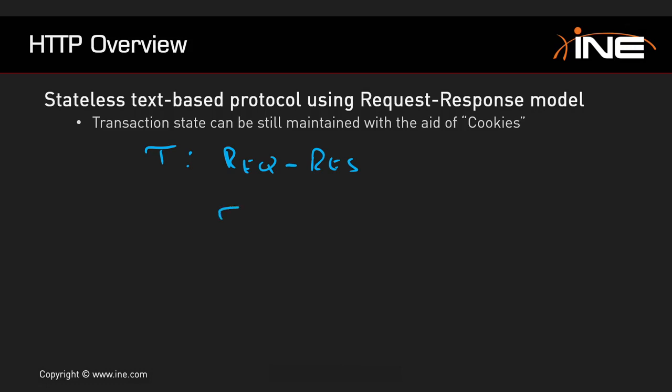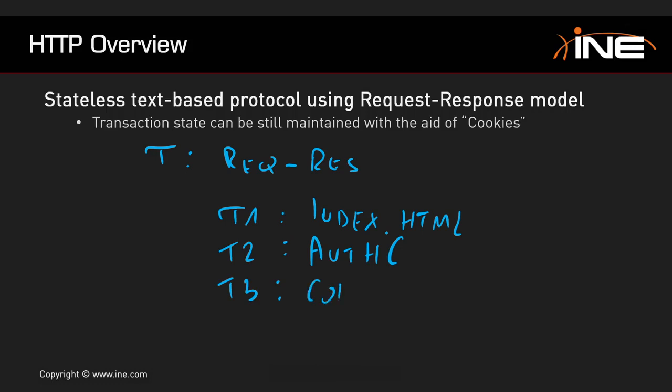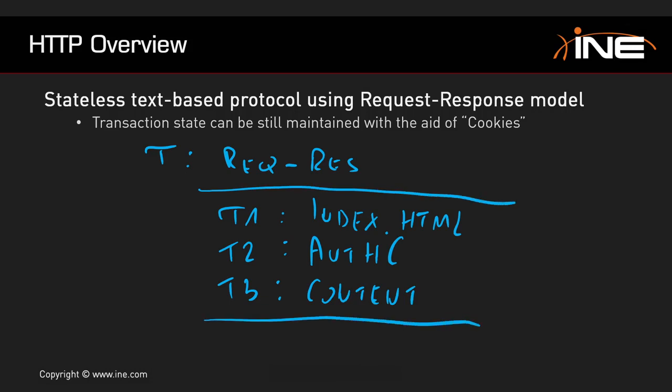For instance, the first transaction is going to be used to download the index of the website, index.html, which is more like a description of the website. Then a second transaction may be used to authenticate the user. And finally, a third transaction is going to be used to download the content, like images, video files, and so on. So all those transactions together make up a single HTTP session.